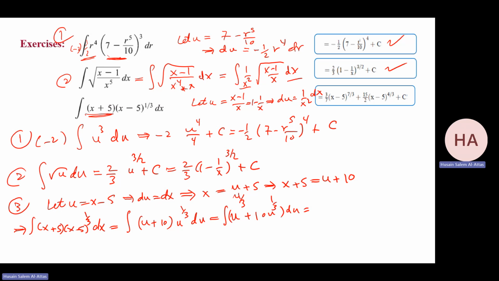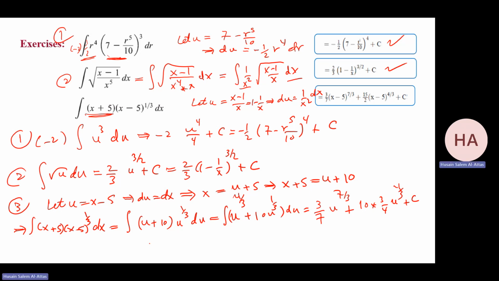Now I add 1 to the exponent, that will be 3 over 7 u to the power 7 over 3 plus, you add 1 here, it will be 4 over 3, so it will be 10 times 3 over 4 u to the power 4 over 3 plus c.